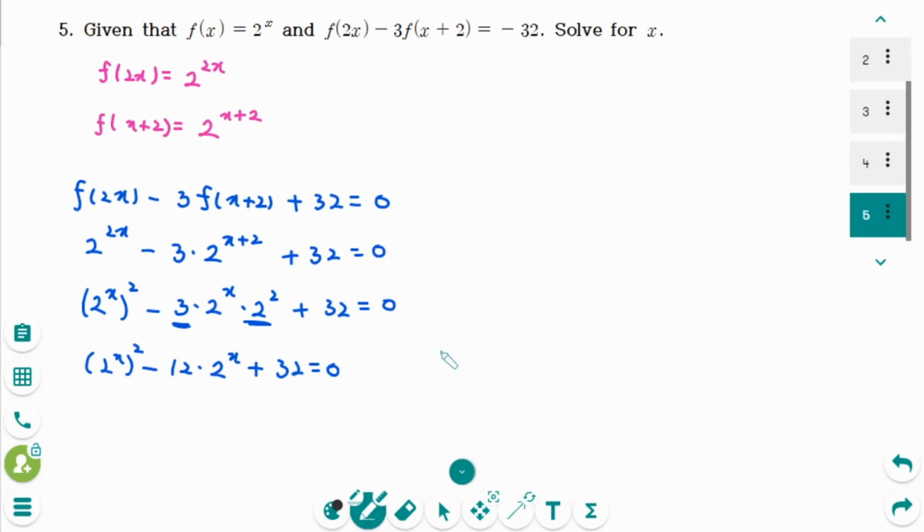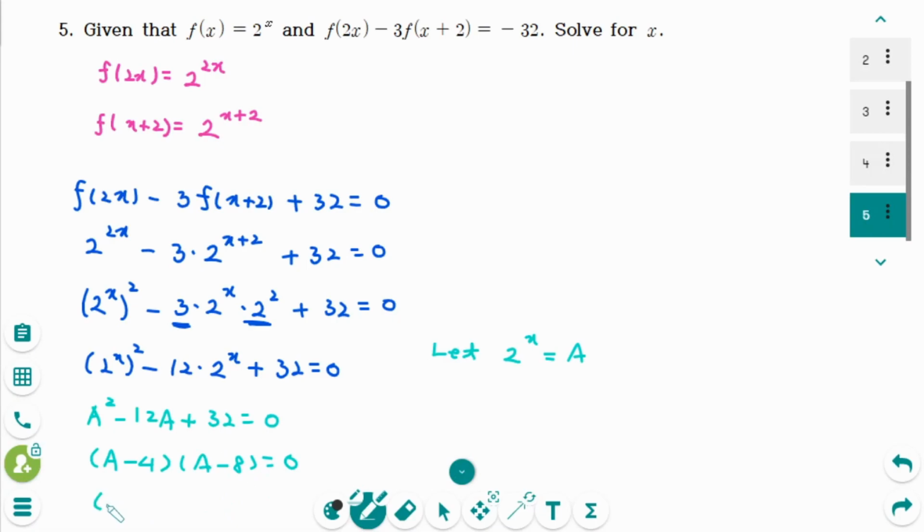Then use the substitution. Let 2 to the power of x be a. a squared minus 12a plus 32 equals 0. We can factor: a minus 4 times a minus 8 equals 0.